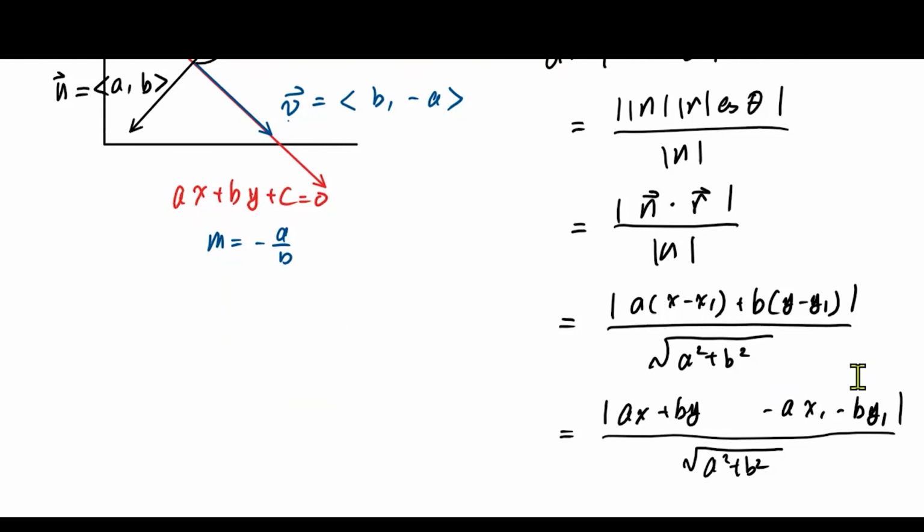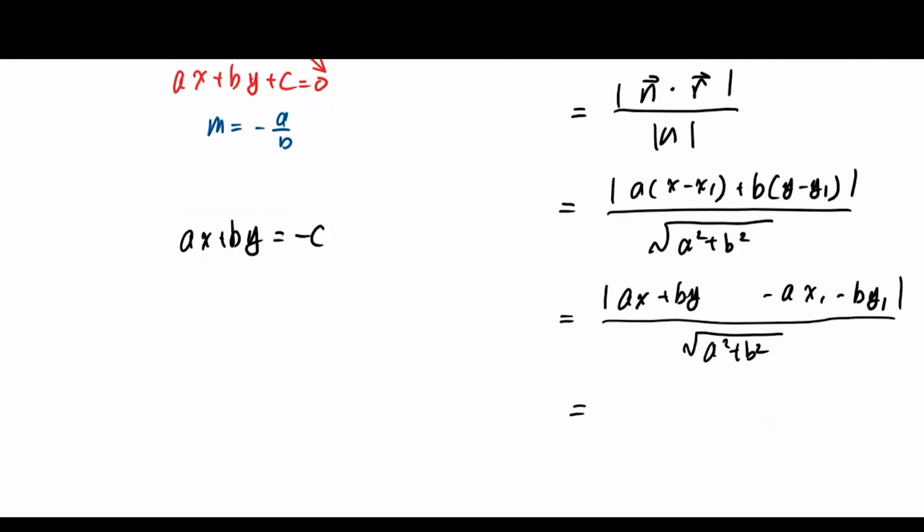Somebody tell me what this thing is. ax plus by from here. Do you see that ax plus by is equal to negative c? So substitute that in.